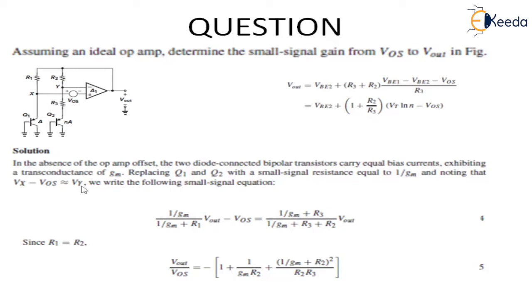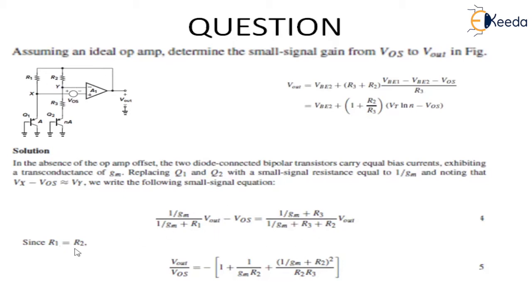This is equal to 1 upon Gm2, the transconductance of Q2, over 1 upon Gm2 plus R3, plus R2, times Vout. So applying Thevenin in both the branches, we get this equation.